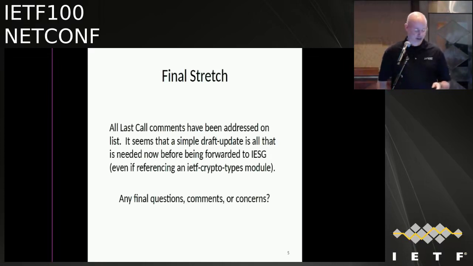So that's effectively an editorial change of sorts. I don't think it would trigger the need for another last call. Of course, it would hold up IESG processing until all the references could be resolved, but that wouldn't hold up this working group. So with that, are there any final questions or comments or concerns?